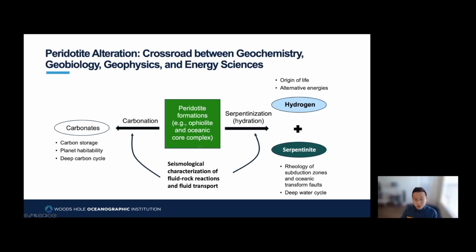The water-rock reactions and the fluid transport associated with active serpentinization and carbonation happen in the subsurface, where it is very challenging to perform in situ measurements using chemical and biological methods, unless you happen to have a few boreholes, like the case of the MBO.